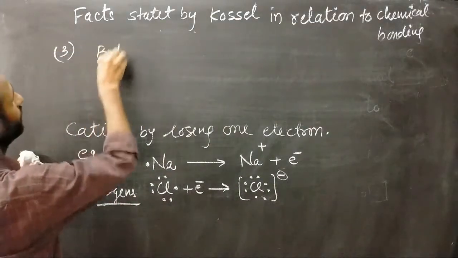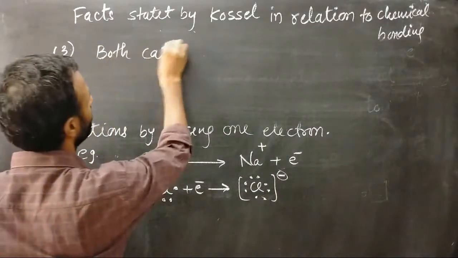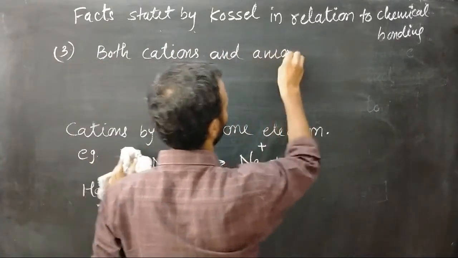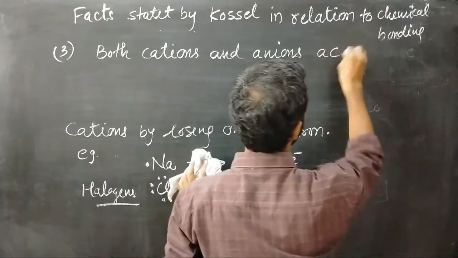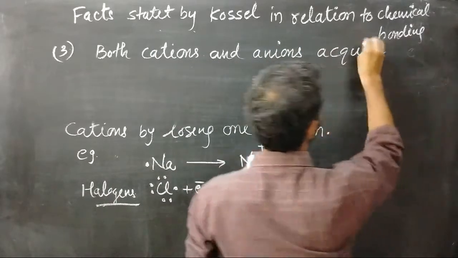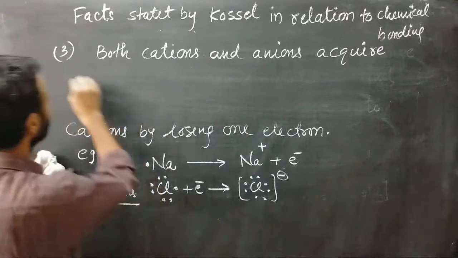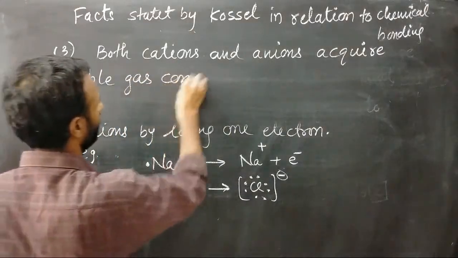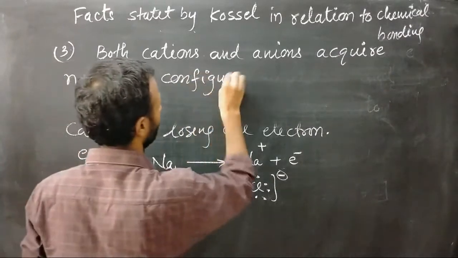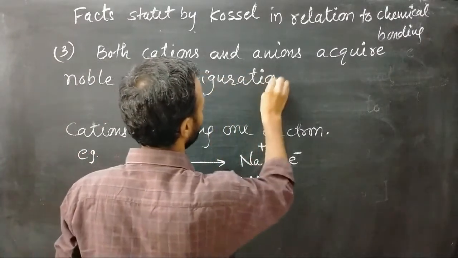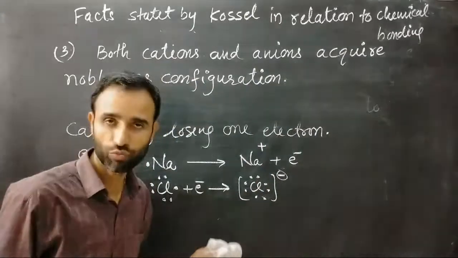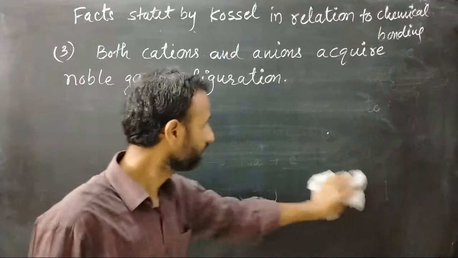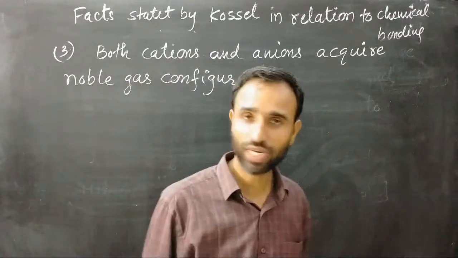Both cations and anions acquire noble gas configuration, because sodium has 11 electrons.